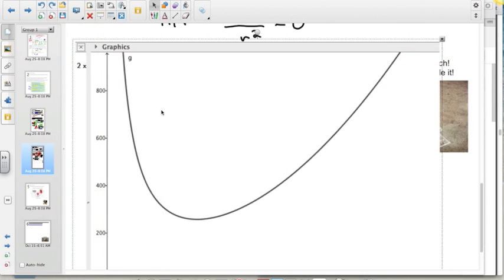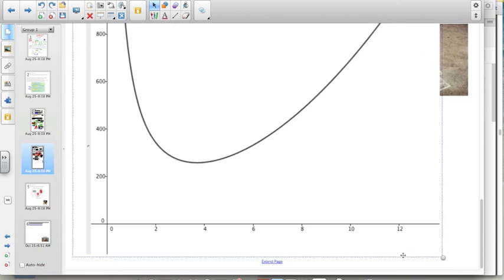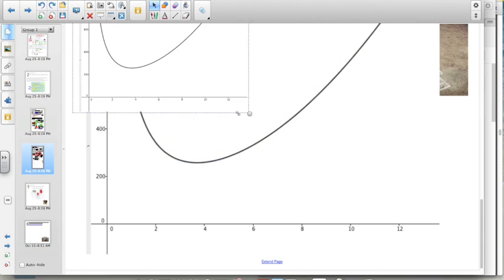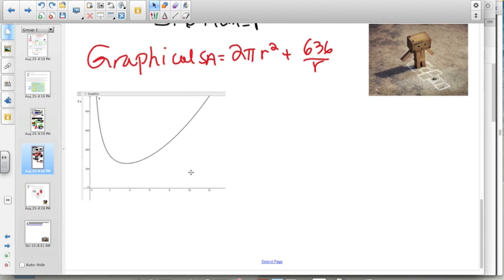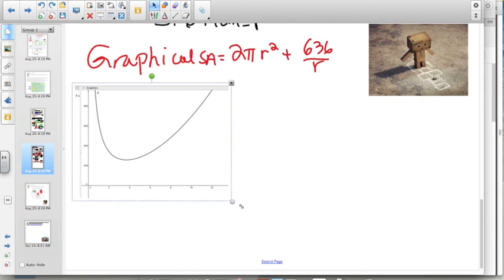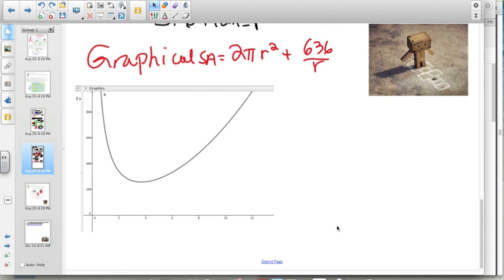So if you get a quick sketch, just a real general sketch, that's what it looks like.